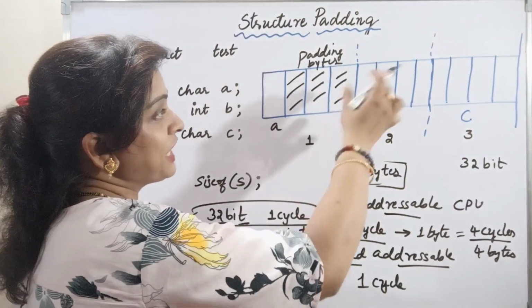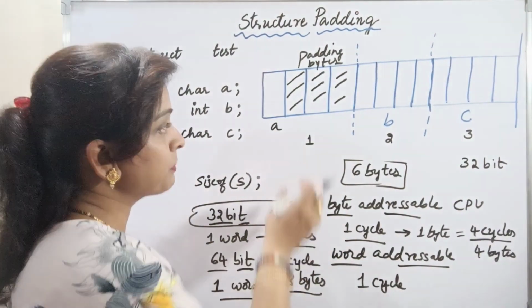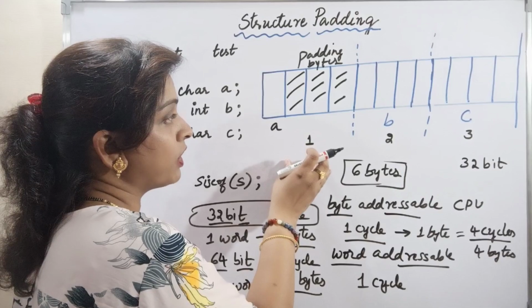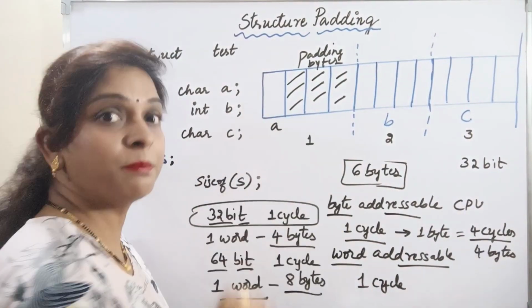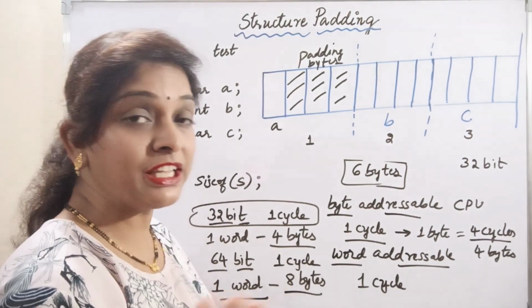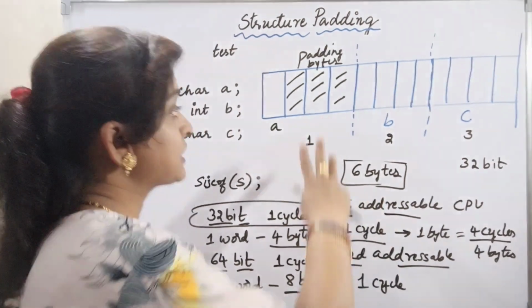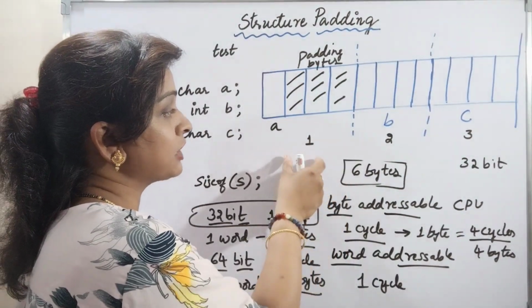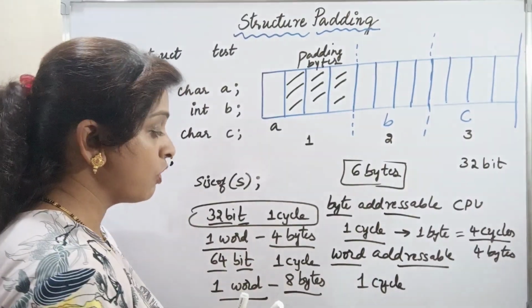Padding bytes will be inserted automatically, so that when the CPU comes and fetches this one word, it has to fetch the complete 4 bytes. So extra 3 bytes will be added here, and this task will be done by the compiler itself. We, the users, will not fill any bytes. The compiler fills the extra 3 bytes so that it suits the requirement of one word, because one word is equal to 4 bytes.